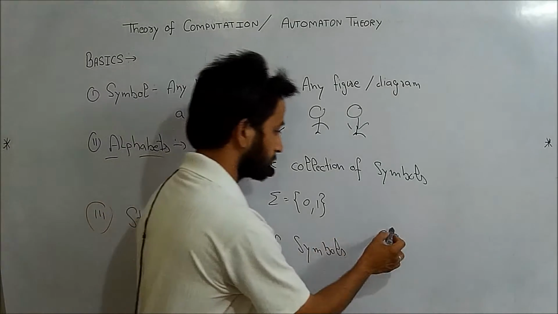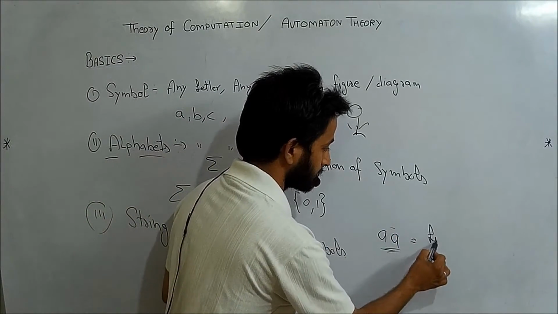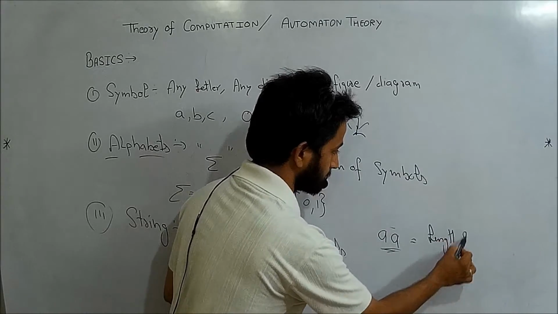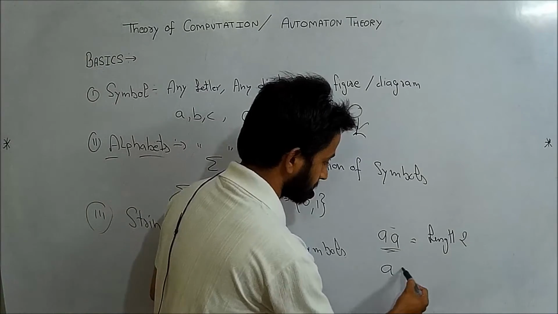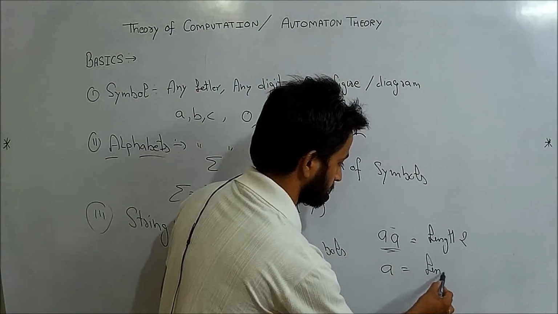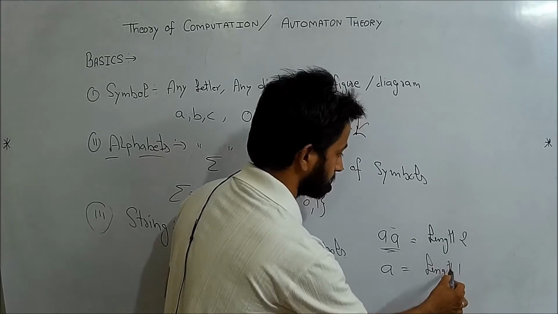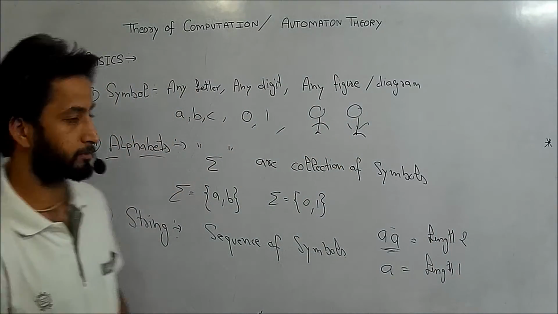It is a collection of two symbols, and it is a string of length 2. If I have A, this is also a string of length 1. So a string is a sequence of symbols.